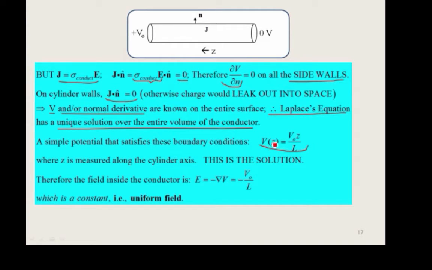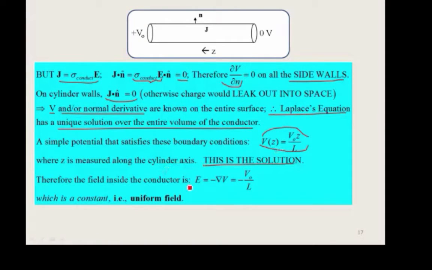V of z equals V0 z over L, which you would conclude from basically a uniform field idea, so you have a constant potential across a region of length L, and if you put z over L, you'll have the value of V as a function of position z. We've done this before for a number of cases like parallel plates and things like that. Z is measured along the cylindrical axis, and this is in fact the solution because it satisfies the boundary conditions.